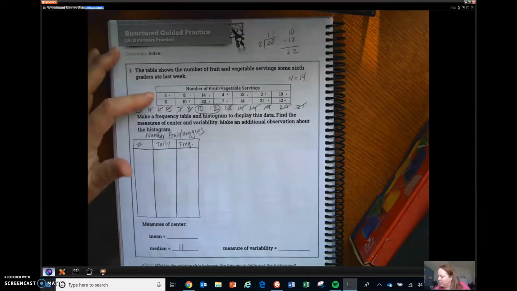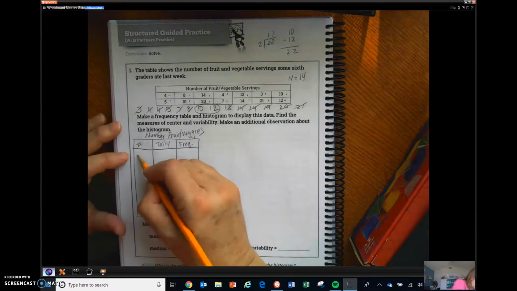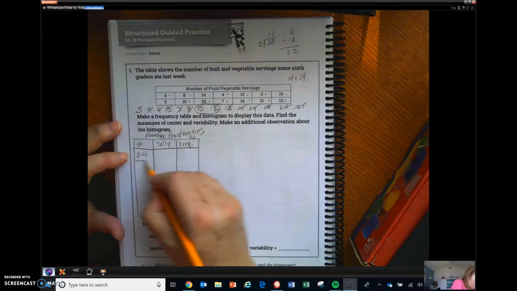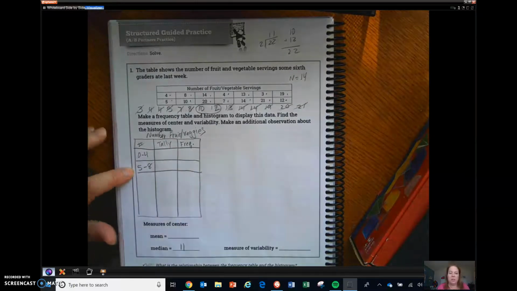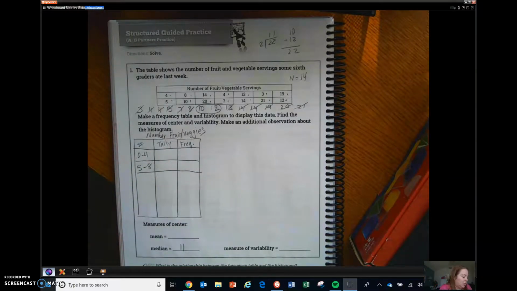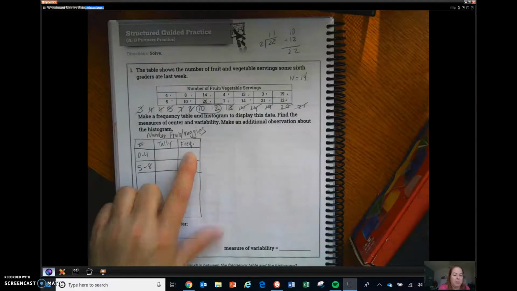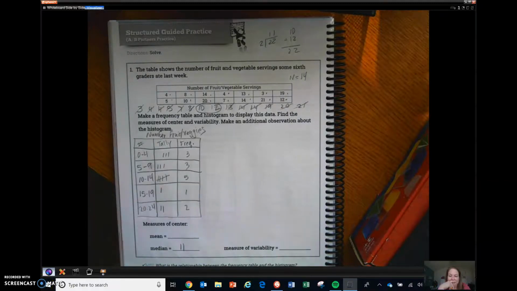And we're going to go by 4s, so it'd be 0 to 4, and then 5 through 8, and so on. Okay? So pause this and get finished, and then I want you to do the tallies and the frequency. See you in a second.